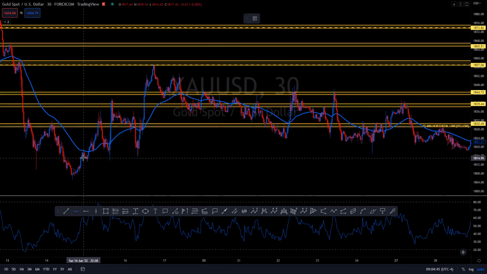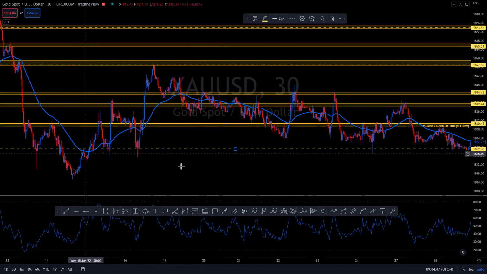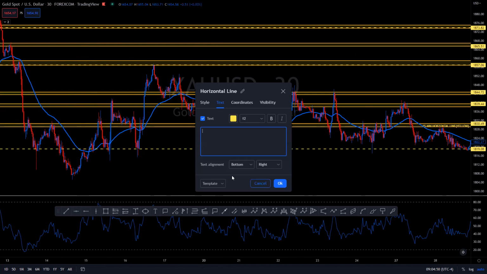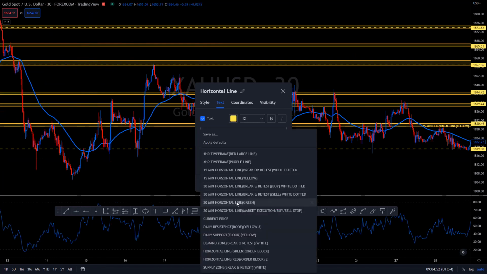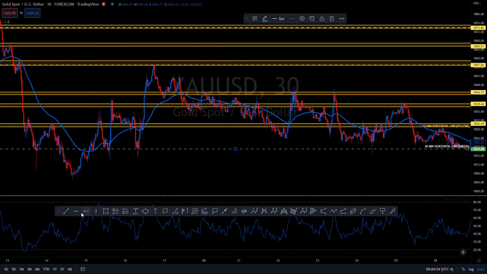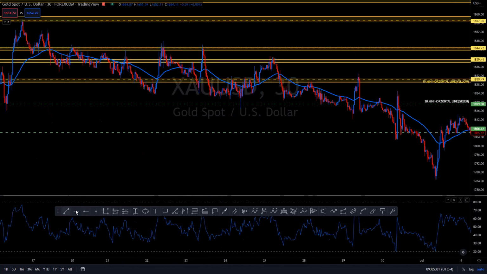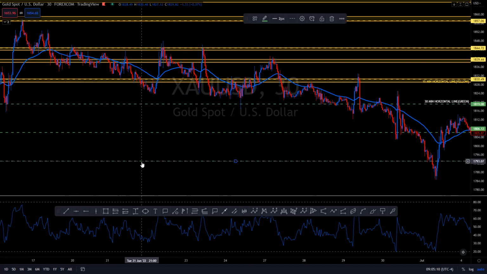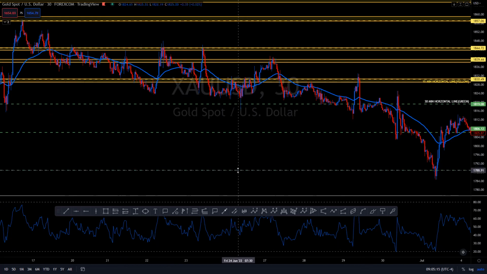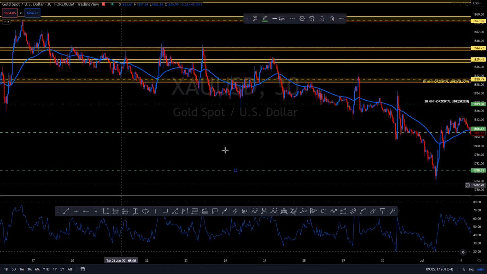Of course, there's major demand in this area here. Change this to green. Major demand here. I put it down here.